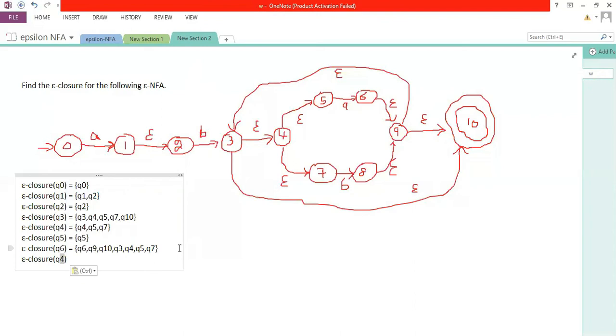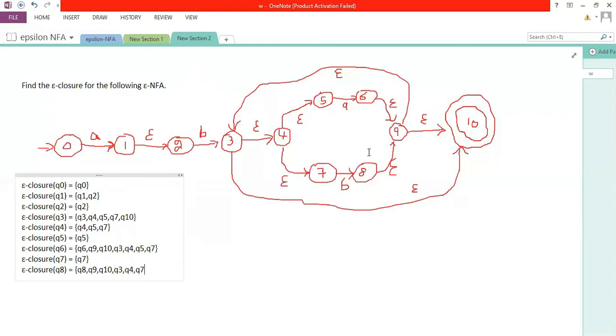Then Q7 is Q7 itself. Only Q7 because you can't go anywhere. Moving on, epsilon closure for Q8 is Q8, Q9, Q10, Q3 coming back, same thing.